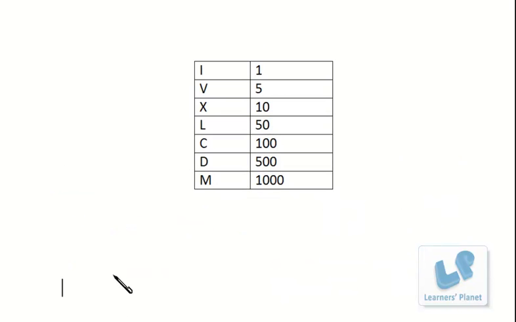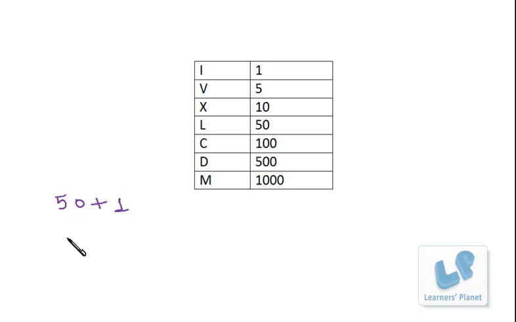Now let's write 51 to 60. Now what is 51? It is 50 plus 1. Now what is 50?